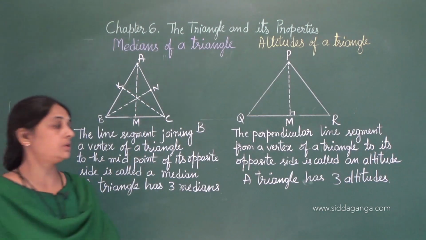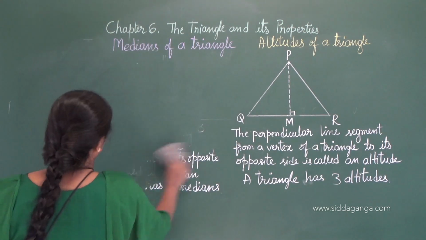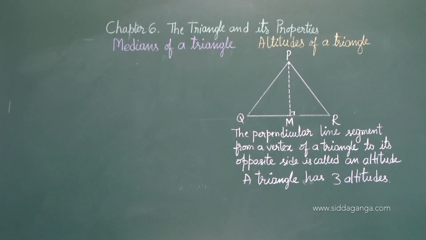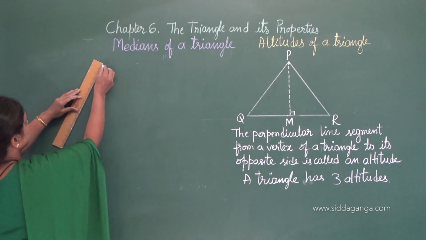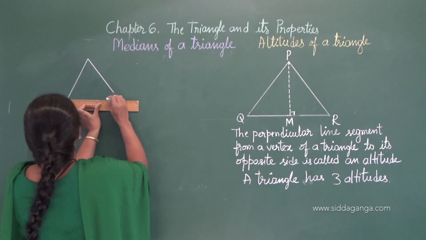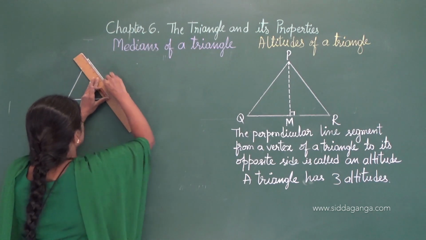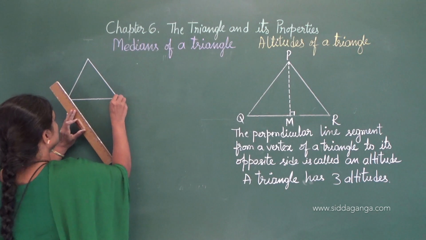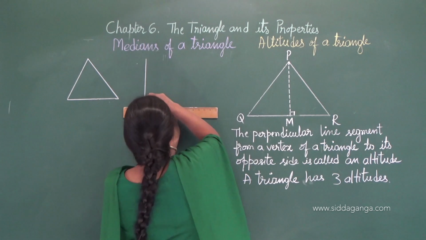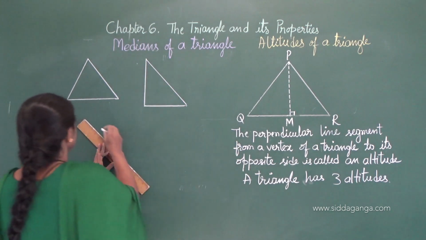Here we have to take three types of triangles. One is acute angled triangle. Then the second one is right angled triangle. And the third one is obtuse angled triangle.